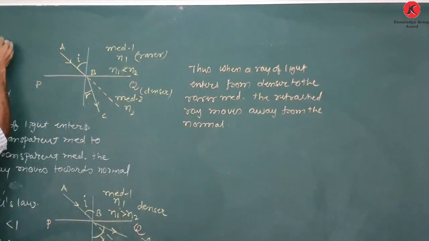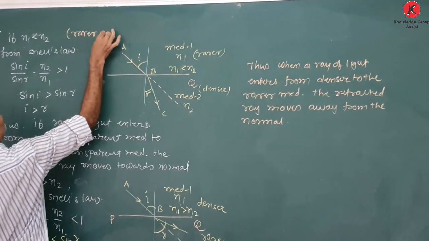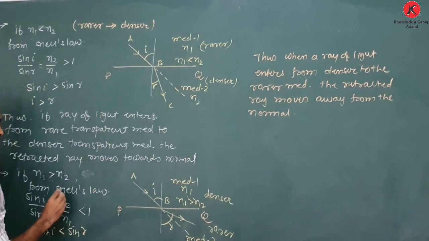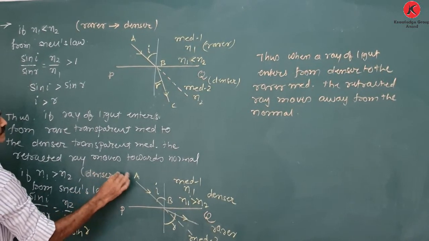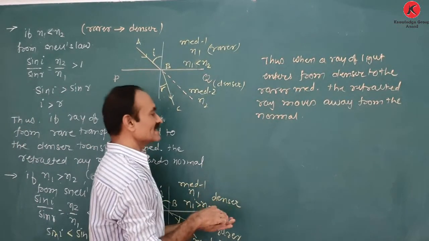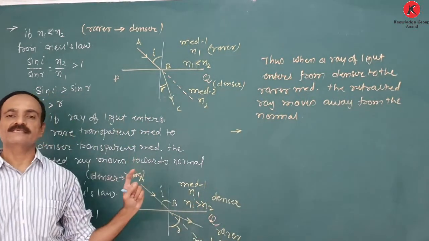Now listen, here the ray enters from the rare medium to the denser medium, and here from the denser to the rare medium. Now, sometimes the question arises in our mind, which medium is rare and which medium is denser?